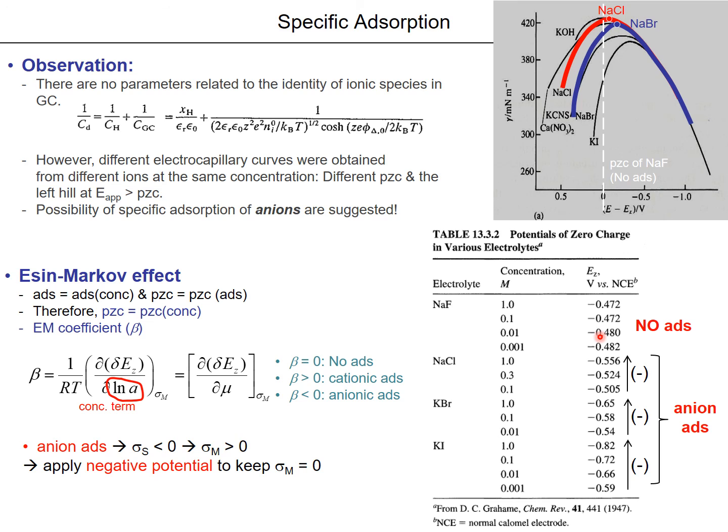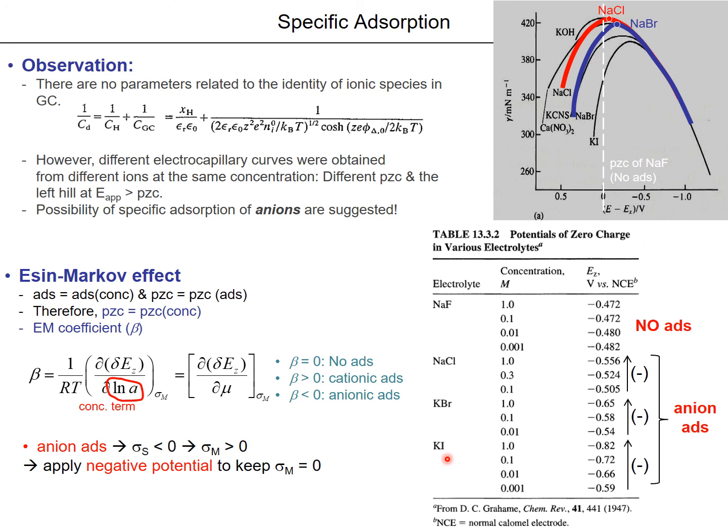And let me change the anions, or sometimes cations. Let's go to sodium chloride: 0.1 molarity, 0.3 molarity, and 1.0 molarity. The point of zero charge is shifting to a more negative value with concentration. How about KBr? To the negative.